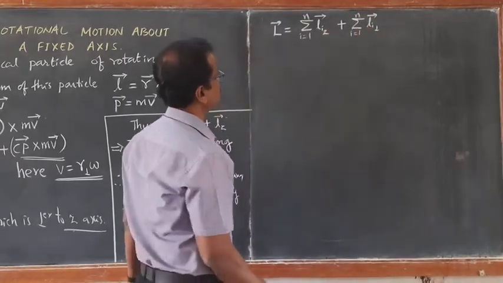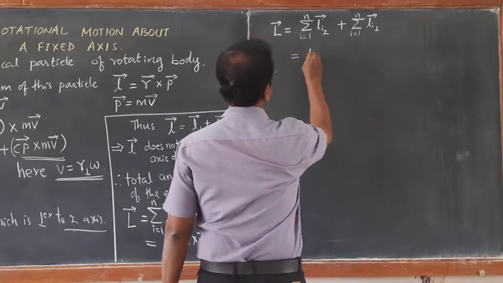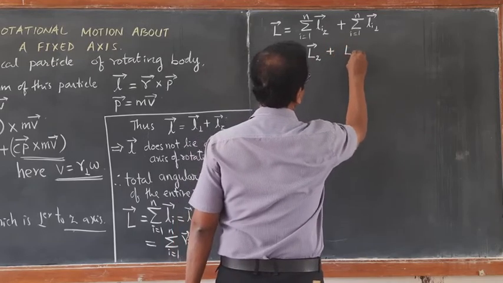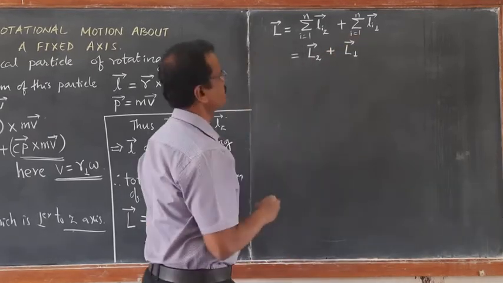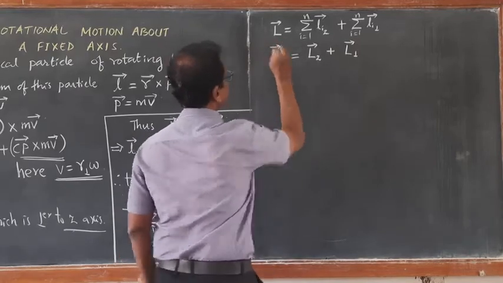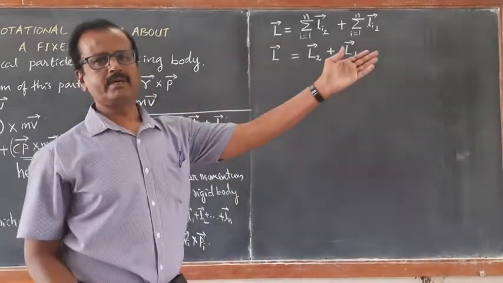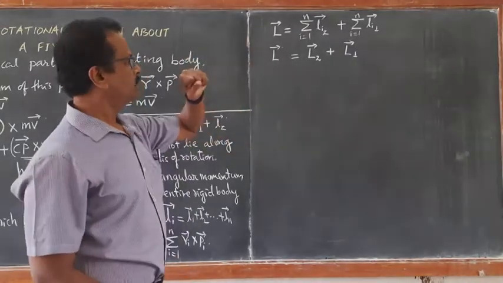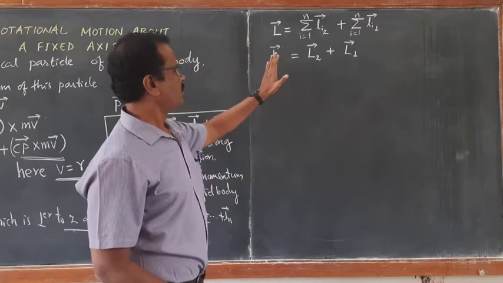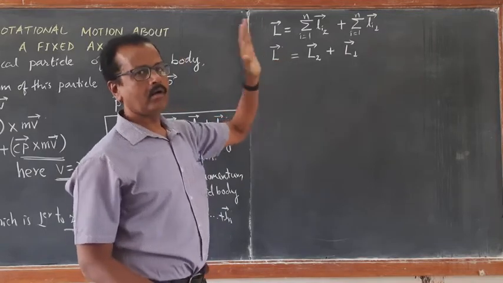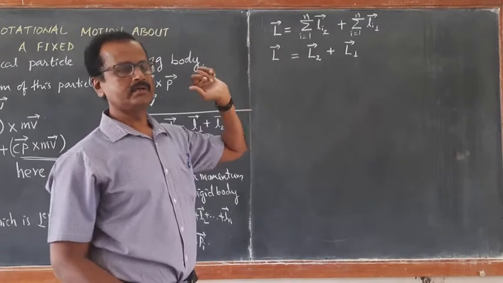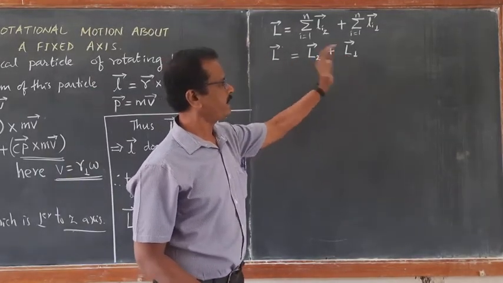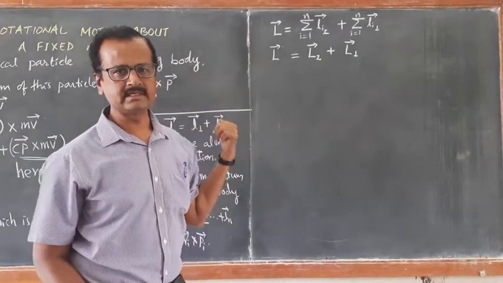So this can be written as Lz plus L perpendicular. This shows that the total angular momentum of a body undergoing pure rotational motion doesn't have its direction along the axis of rotation. It is the sum of the Lz component and the L perpendicular component, as we have discussed earlier.